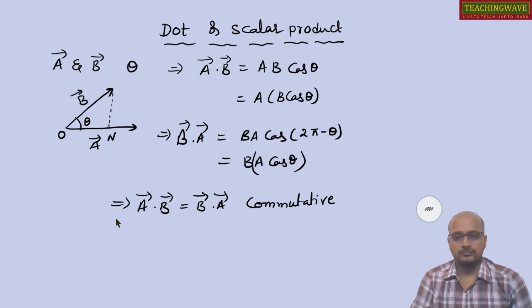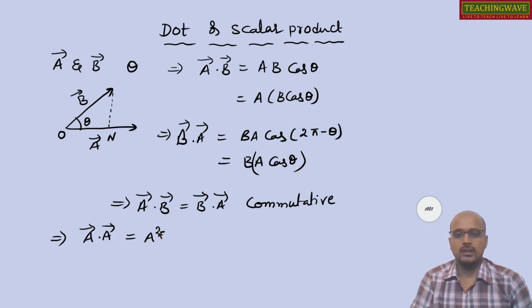Now come to the dot product of a vector with itself. If a bar is one of the vectors, the dot product a bar dot a bar can be written as a into a, that is a square cos 0. Cos 0 value is 1.